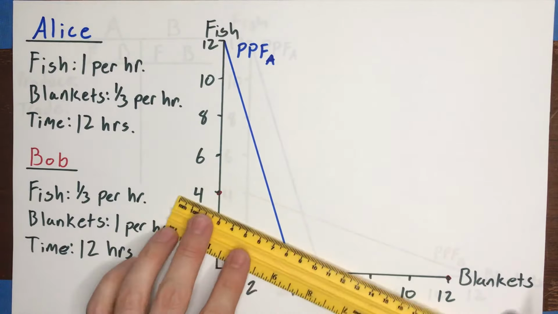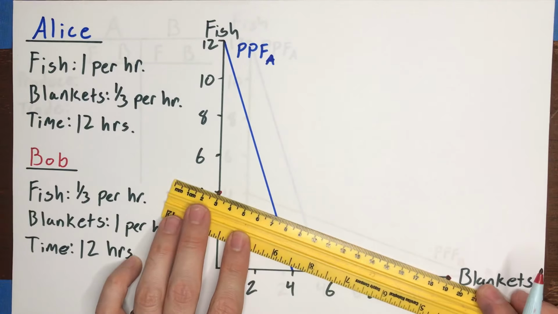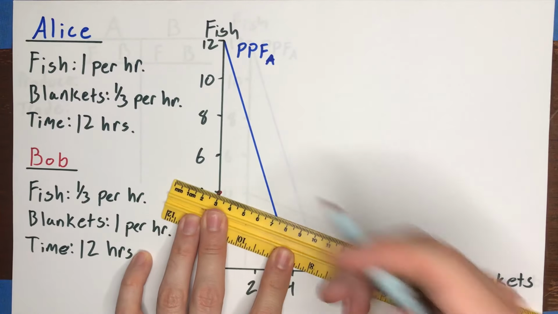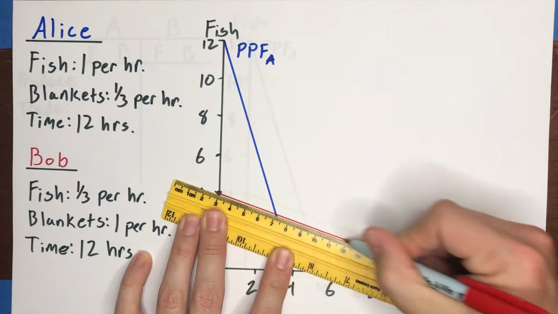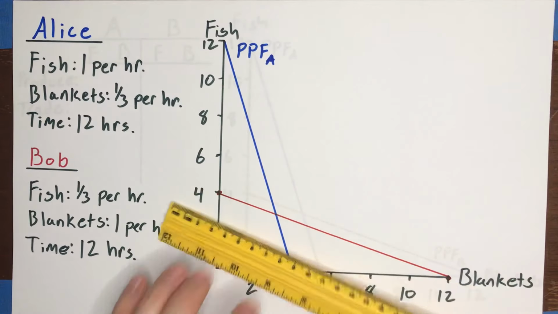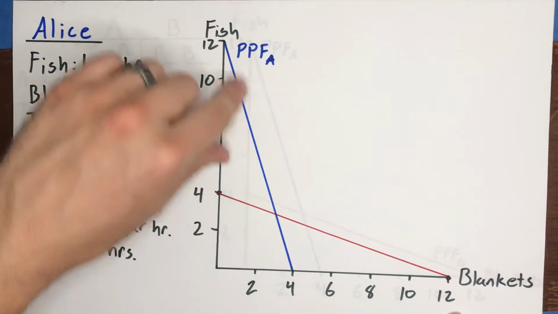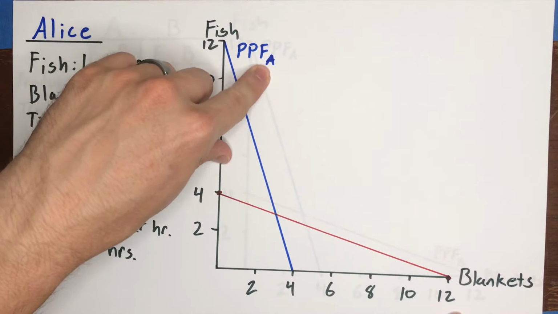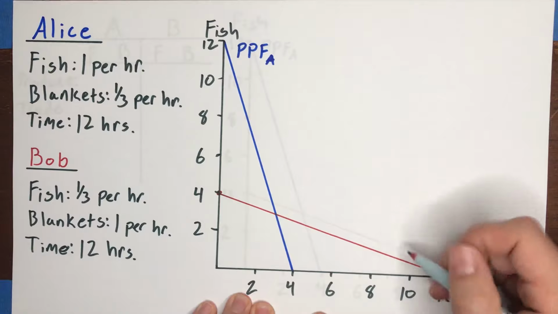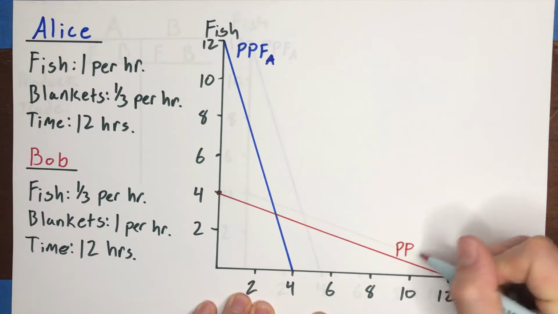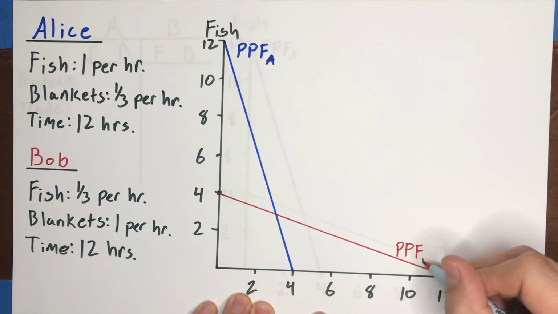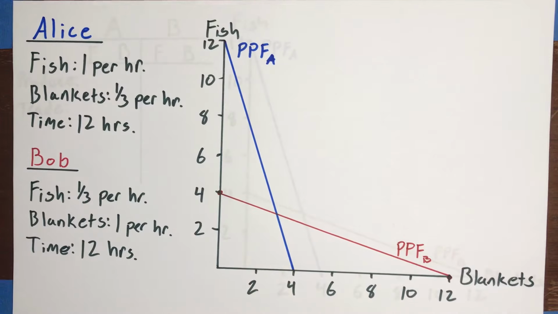And just like with Alice, we can draw a straight line between those 2 points, and that gives us his production possibility frontier. So this blue one I've labeled PPF with an A subscript. It's Alice's production possibility frontier. For the red one, we'll call that PPFB, Bob's production possibility frontier.